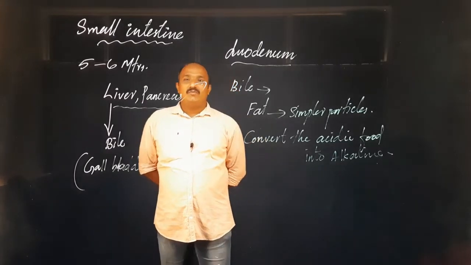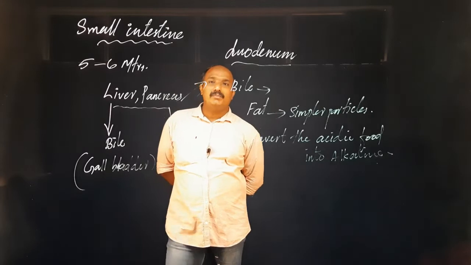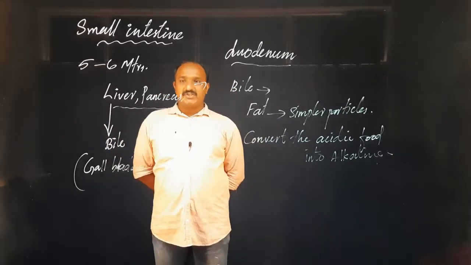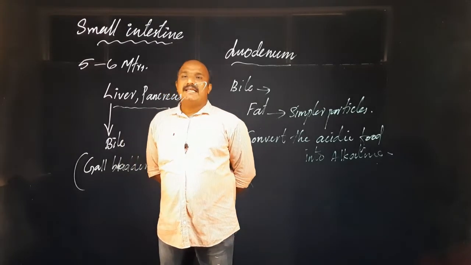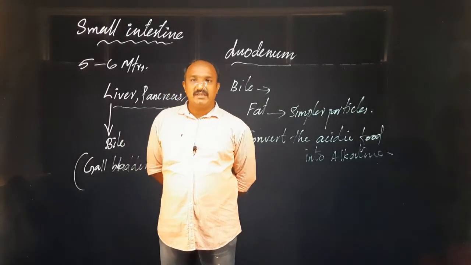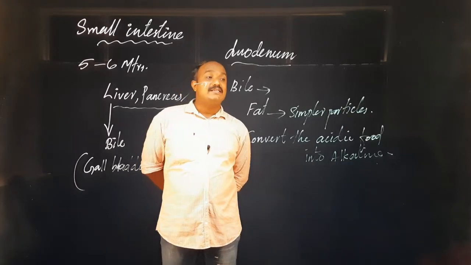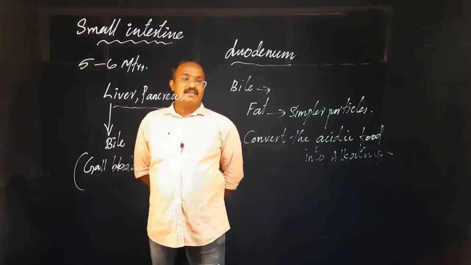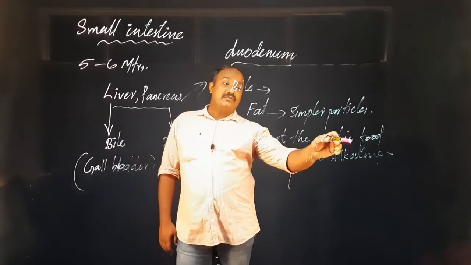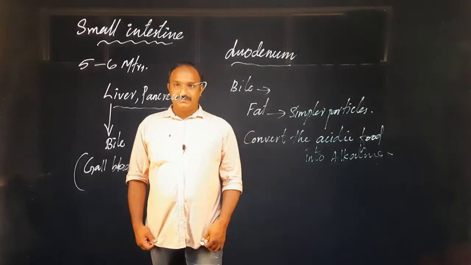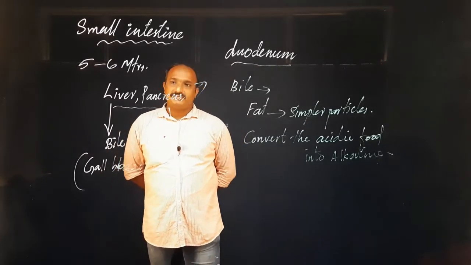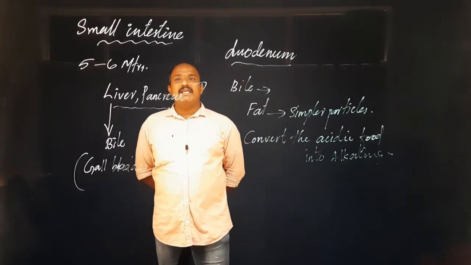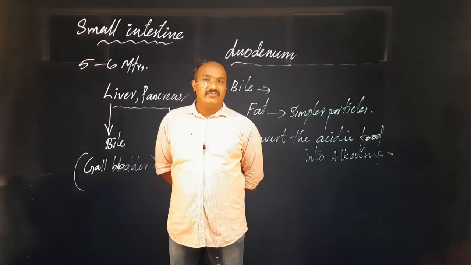This is also one of the helps given by bile juice. These two only. First, bile helps in the digestion of fat, converting the fat into simpler substances. Second, it converts the acidic food into alkaline material. These two are the helps given by the bile juice in the duodenum.